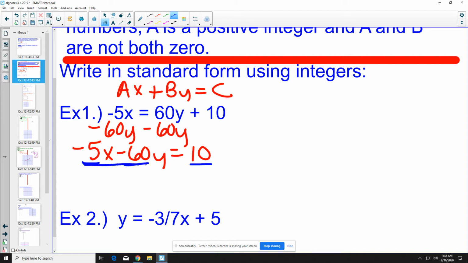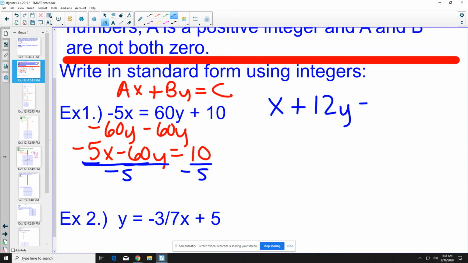So I'm going to take the whole equation and divide both sides by negative 5. As long as I do the same thing to both sides, I'm okay. Negative 5x divided by negative 5 gives me a positive 1x, which is the same as x. Negative 60y divided by negative 5 is a positive 12y.